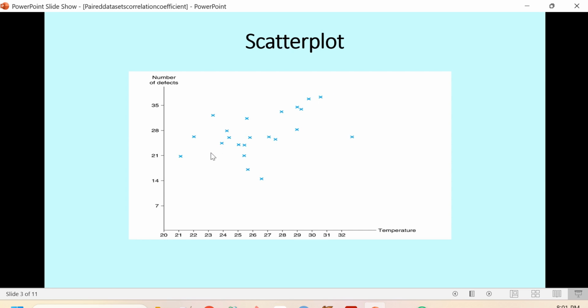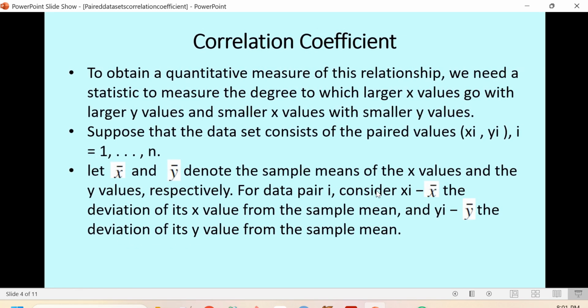So this roughly shows a positive relationship. But if we want to know the relationship between x and y quantitatively, we may use a statistic. This comes with the correlation coefficient.